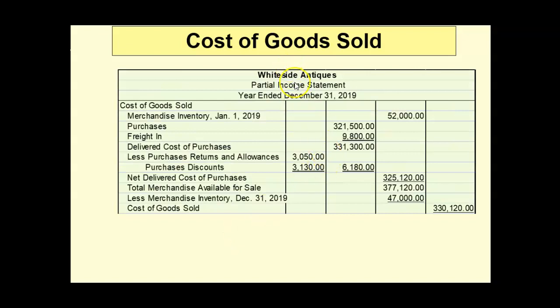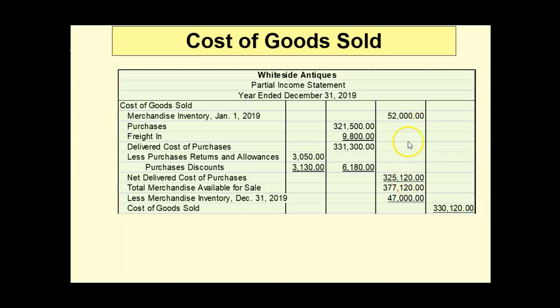So here we have a partial classified income statement. Your beginning inventory was $52,000. To get your net delivered cost of purchases, we'll add the purchases plus our freight in. We'll add those together, subtract out the purchase return allowances and the purchase discounts, and that will give us our net delivered cost of purchases for $325,120.